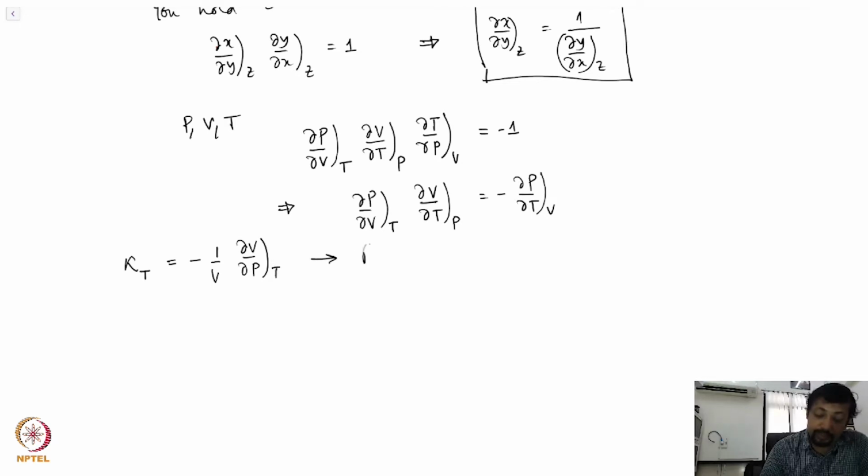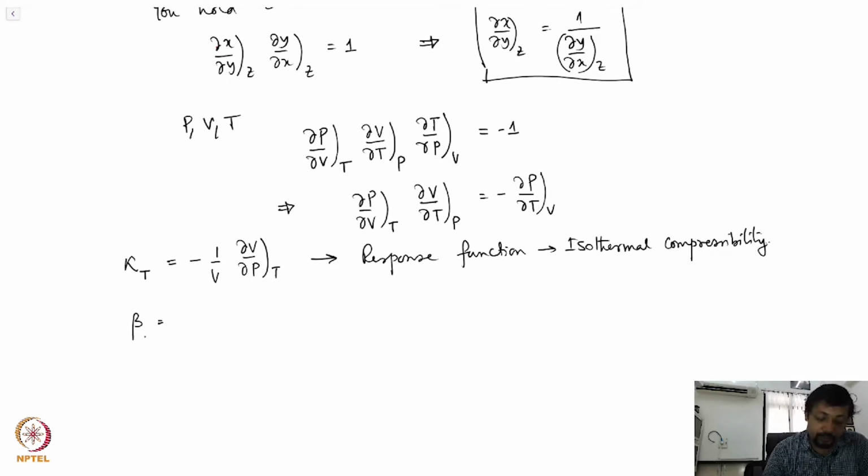So this term is a response function and is called the isothermal compressibility. The other one, which we'll call beta T or just beta, is 1 by V del V del T at constant pressure, and this you know is the expansion coefficient.